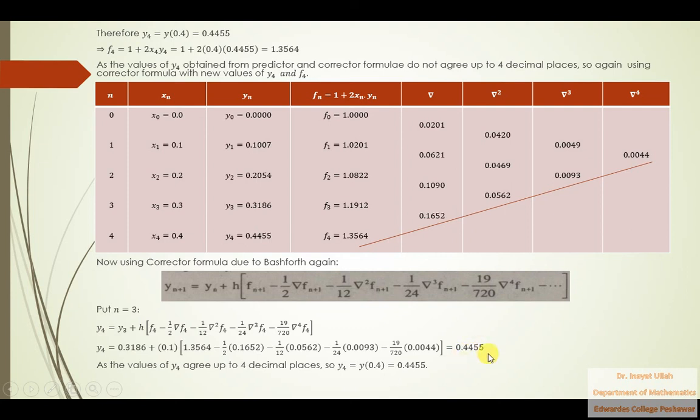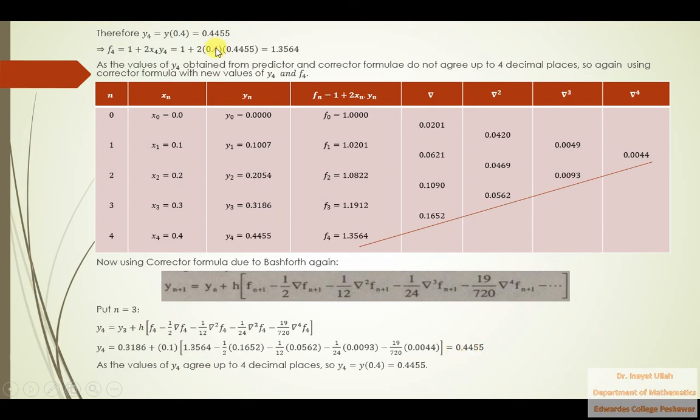0.4455. Now just look at this value of y4, which is 0.4455, and that previous value of y4. These two values agree up to 4 decimal places.